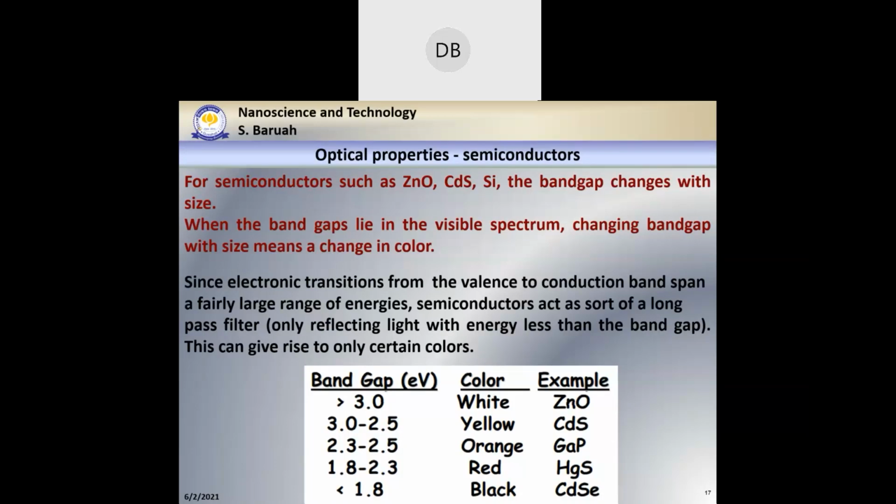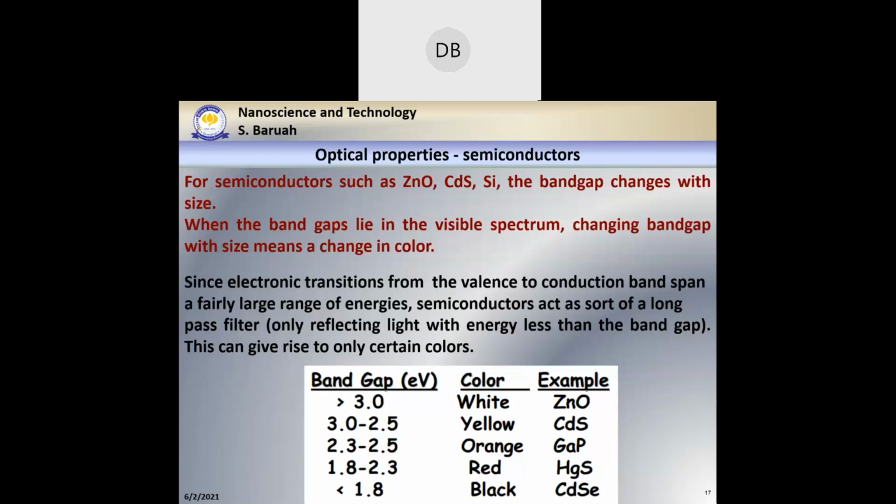We discussed this yesterday, where we say that light falling on a nanomaterial or any metal, okay, they interact or have an interference with the natural frequency of the electrons on the surface, and based on the resonance that happens, we see the color. Okay, whatever wavelength the resonance happens, we see the color at that particular wavelength because the signal is radiated out. So for semiconductors such as zinc oxide, cadmium sulfide, okay, these are different semiconductors.